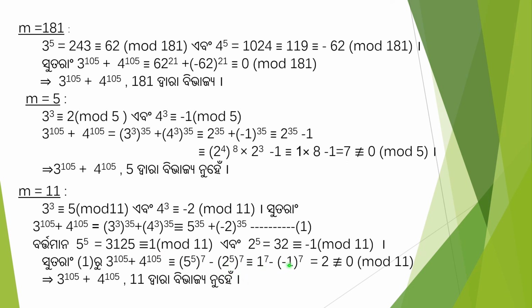So we get 1 plus 1 is equal to 2, not congruent to 0 mod 11. So we find that 3 to the power 105 plus 4 to the power 105 is not divisible by 11.